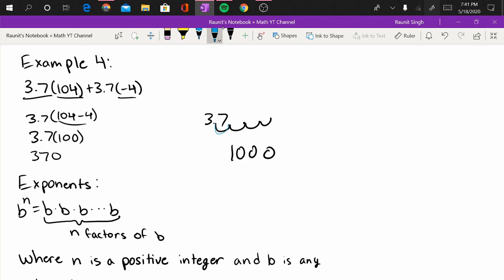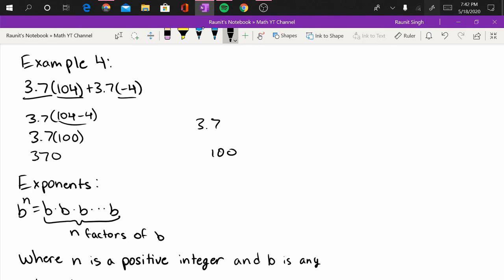So 1, 2, and then 3. So your new decimal would be over here, and then you would just add 2 zeros to fill the places. That way you will get 3,700. So in this case, we have 3.7 times 100.